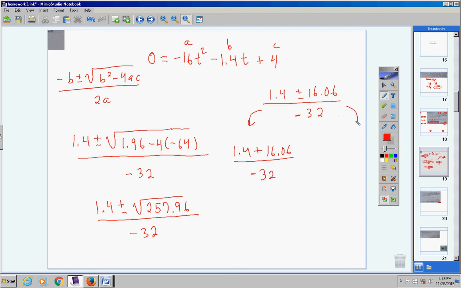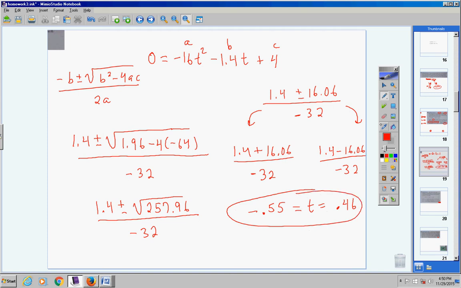And the other fraction would be 1.4 minus 16.06 all over negative 32. Now here, if you type all this into your calculator, you're going to get a negative 0.55. Over here, you're going to get a positive 0.46. Now, there's your two answers for x, or for t, I should say. So t equals this, and it also equals this.